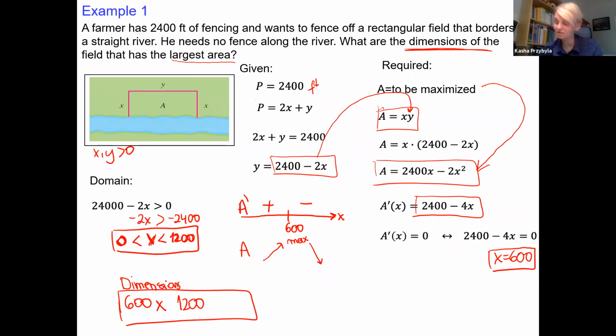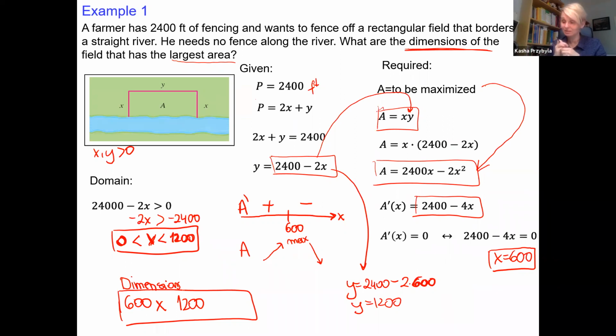Let's check, because y was defined as 2,400 minus 2 times 600, because we have to find out what y is, and of course 1,200. That means this is the final answer. If they ask to find the largest area, then we have 600 times 1,200. We just multiply. That's the way to go through optimization problems.